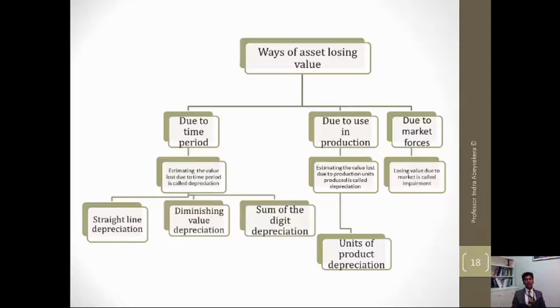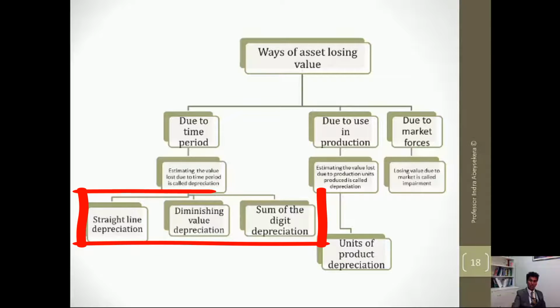So when we talk about due to time period, there are three methods that apply: straight line depreciation, diminishing value depreciation, then the third is called sum of the digits depreciation.